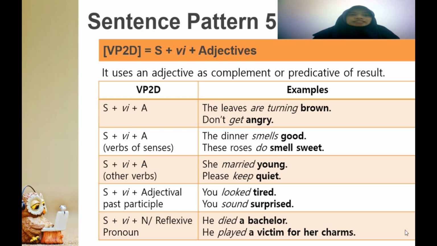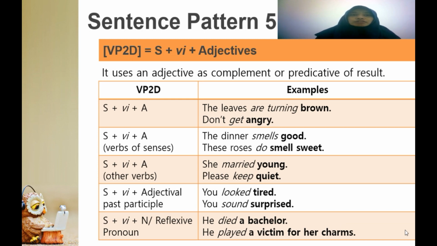The next one is related to the verbs that show senses, yeah, the 5 senses, like smells or taste or sound, things like that. So the formula is subject plus verb intransitive plus adjective. For example, the dinner smells good. So the dinner is the subject, and then smells here indicates the verb of sense, and then good is the adjective.